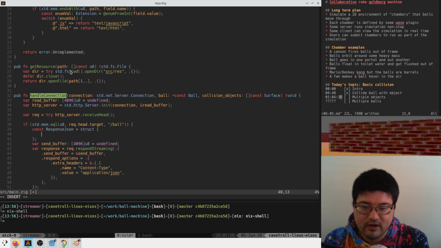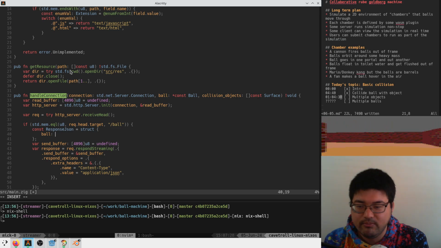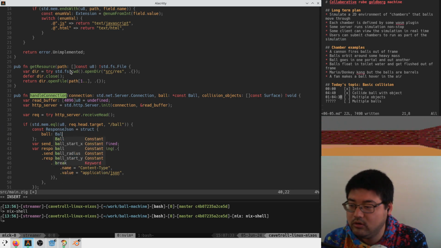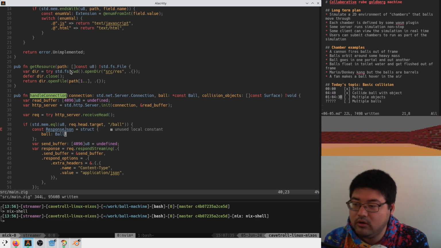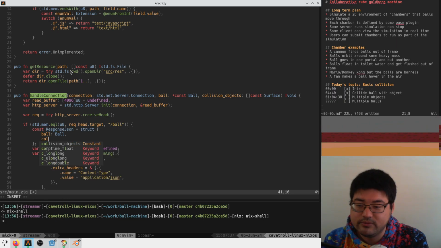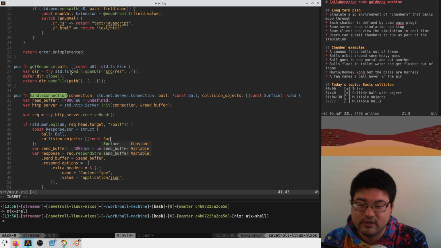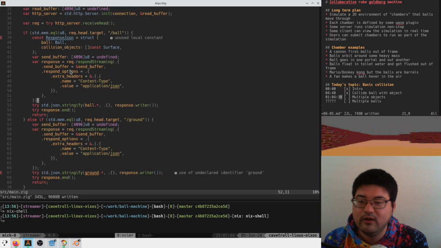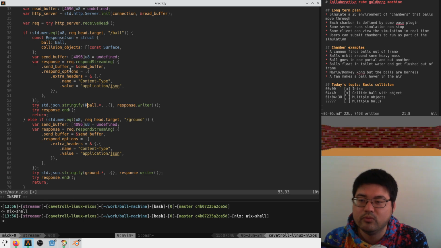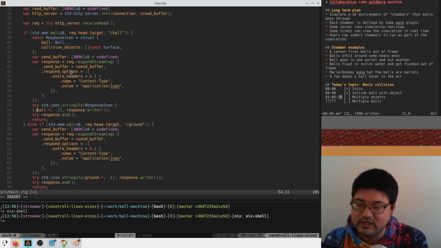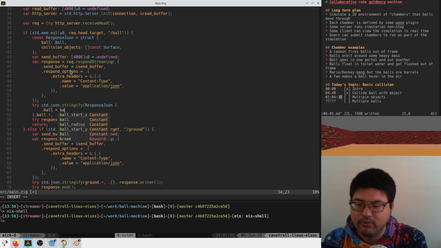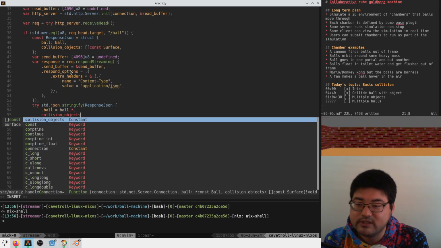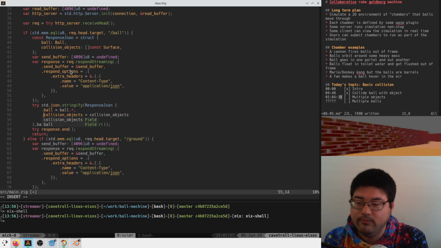Our ball is a ball, and the collision object is this. And then we just construct this thing. So we stringify response JSON, and we fill in the details here. So ball is equal to ball, and collision objects is equal to collision objects. Boom, easy.